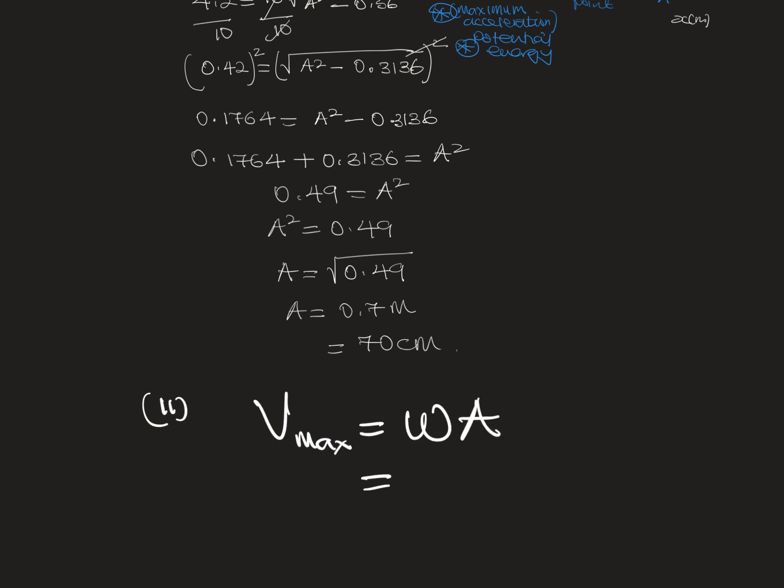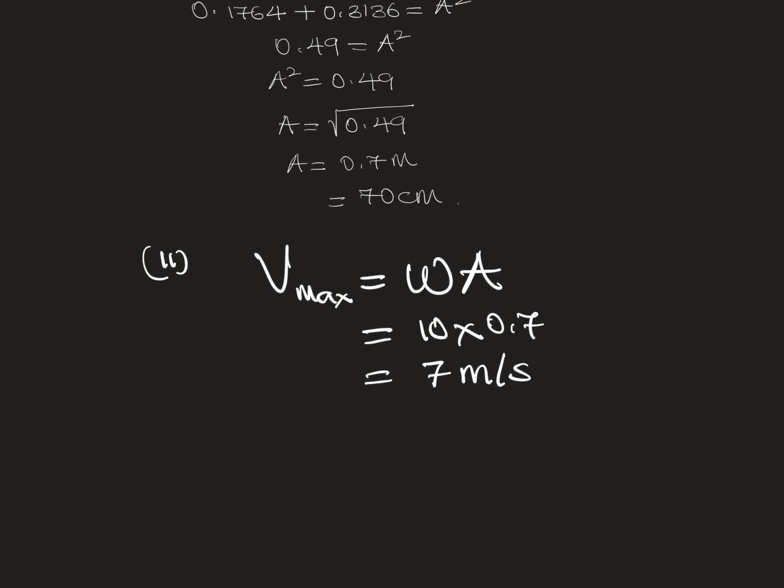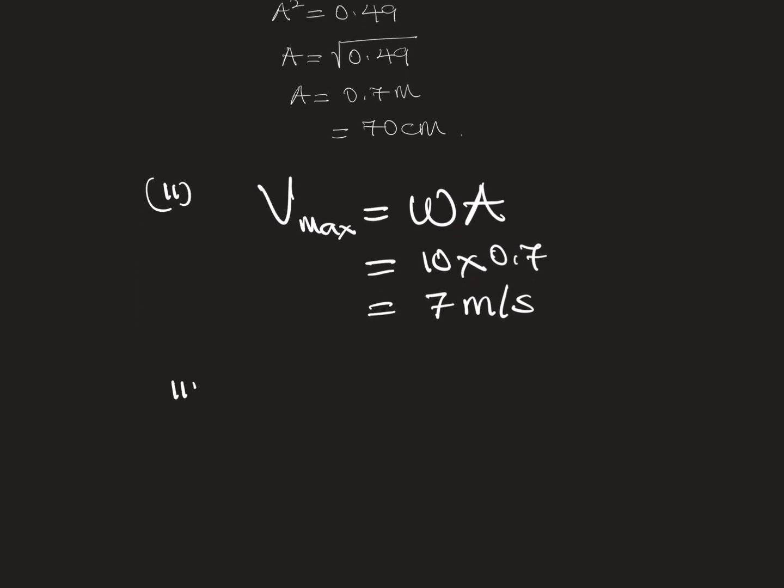The angular frequency is 10, multiplied by the amplitude, which is 0.7. 10 multiplied by 0.7 is 7 meters per second. The maximum velocity is 7 meters per second.